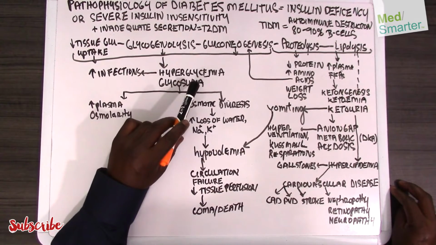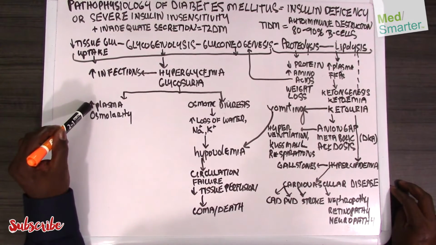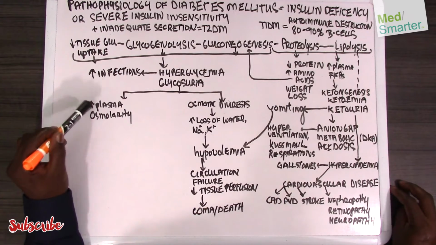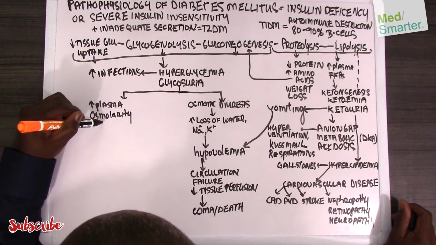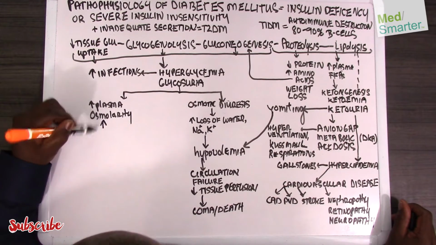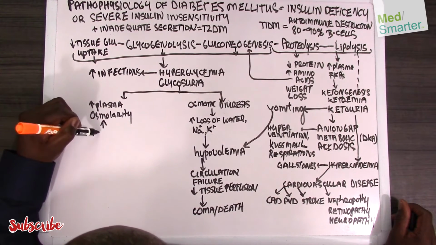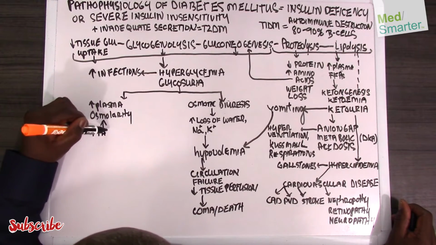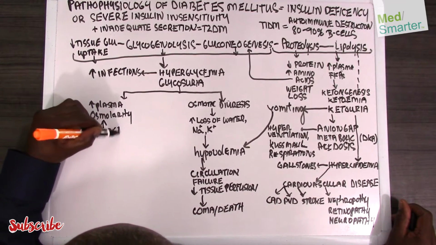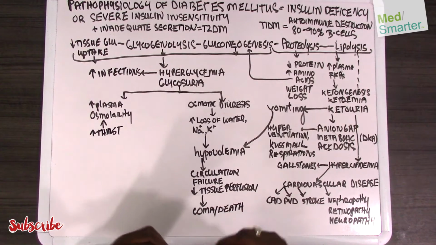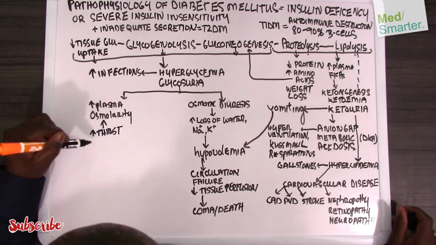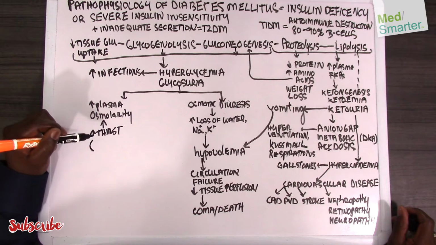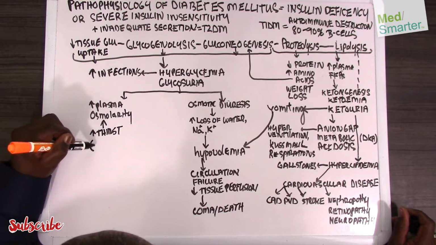The hyperglycemia is going to result in an increase in the plasma osmolarity. That increase in plasma osmolarity is going to result in an increase in thirst, and that increase in thirst is where your polydipsia comes in.